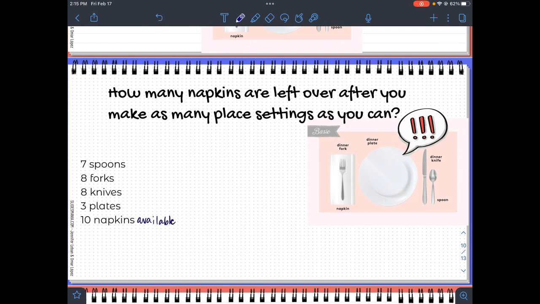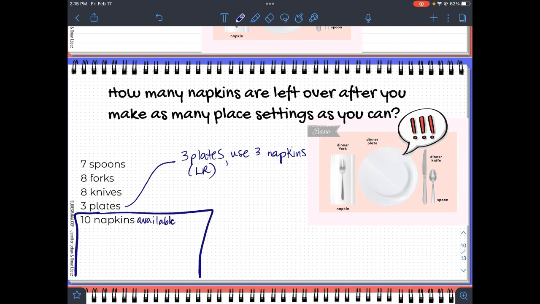Okay, now let's think about how many napkins we're going to use. Well, if we have 3 plates, that's my limiting reactant, right? I would use 3 napkins. So here's my little calculation down here.